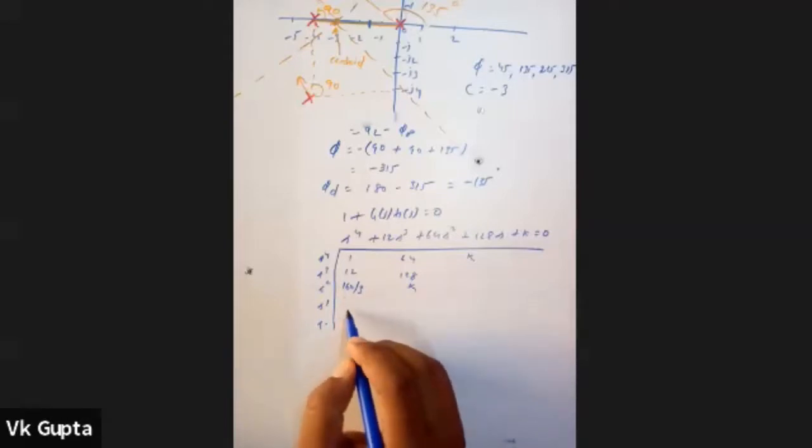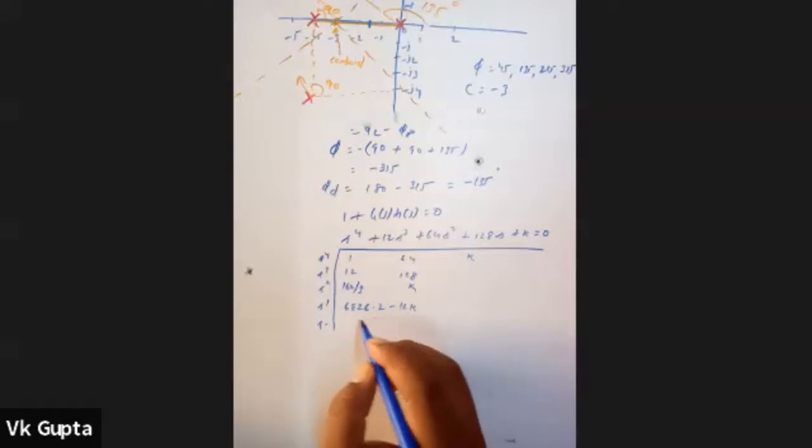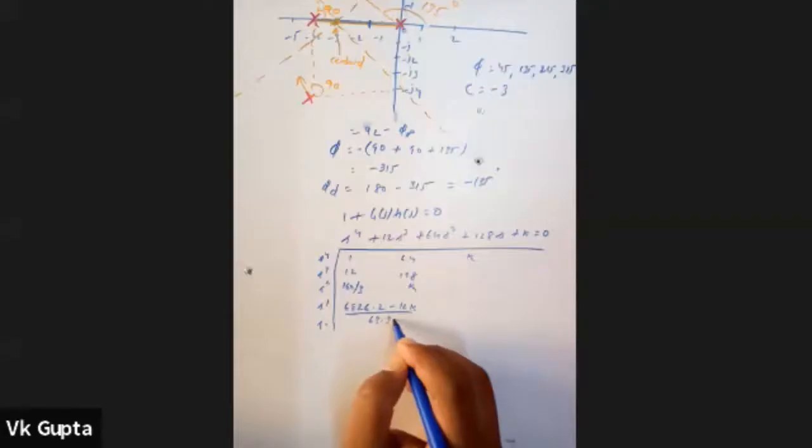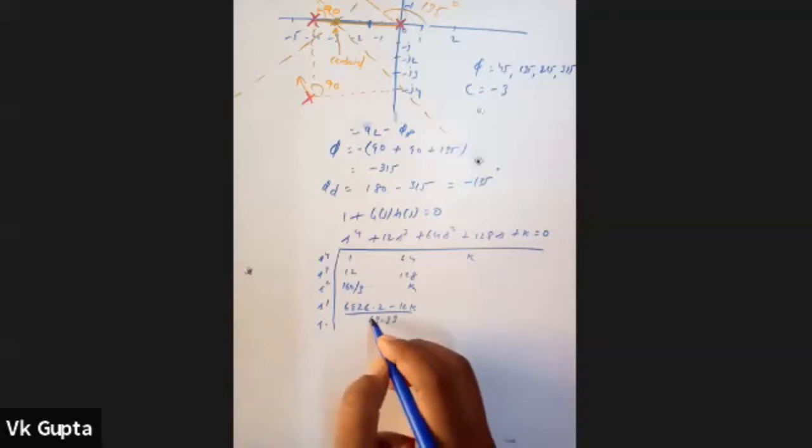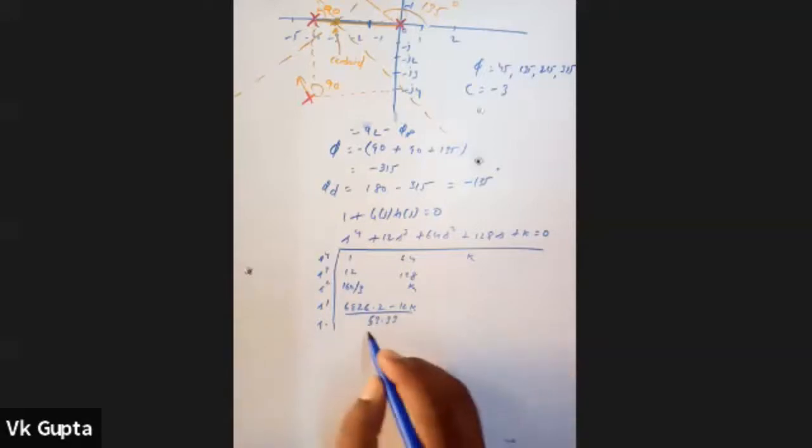What is this value? S1? 6826.24 minus 12K divided by 53.33. And last is K.